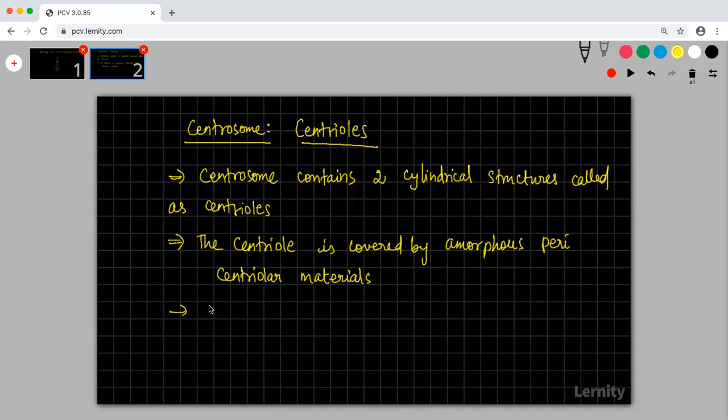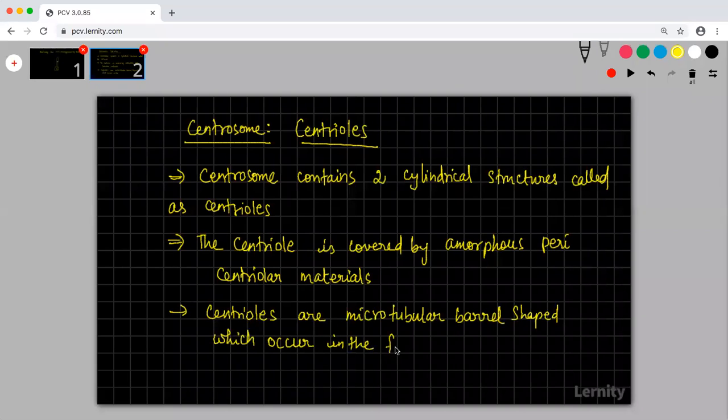Centrioles are microtubular, barrel shaped, which occur in the form of two granules.